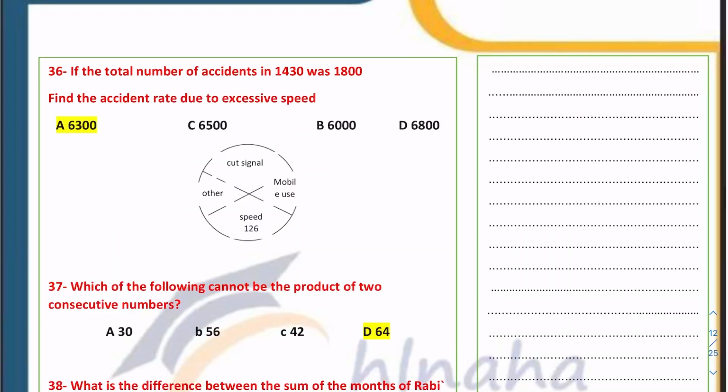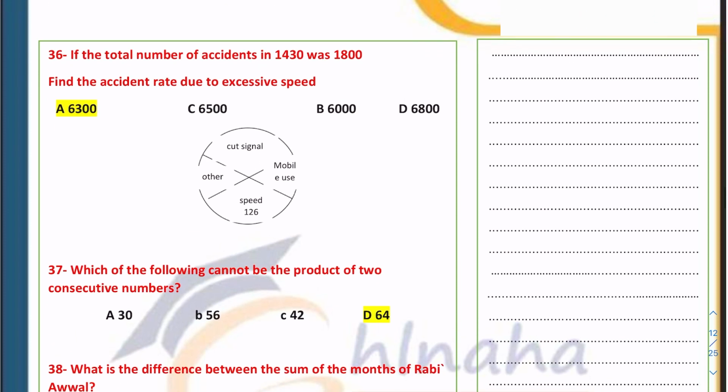Question number 36. If the total number of accidents is 1800, find the accident rate due to excessive speed, okay? Now, this is also the same question we solved before, okay? This is 126 and 360.